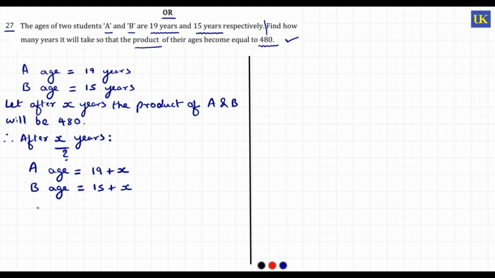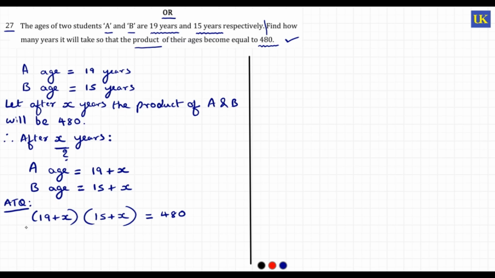So the product is 480, they are saying. According to the question, I have to take 19 plus X and multiply it with the age of B after X years, and the product will come to 480.